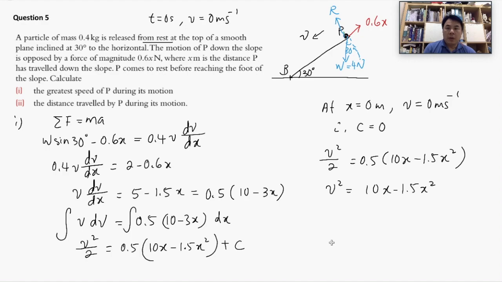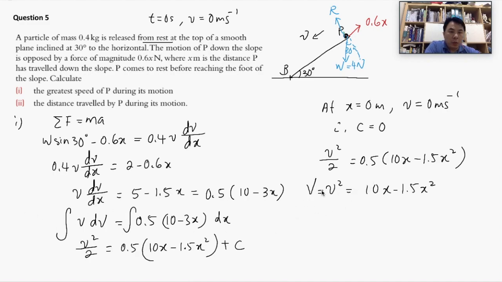Now, greatest speed of P during its motion. Greatest speed of P during its motion. How should we do this? Maybe the best way is to label this as a v.